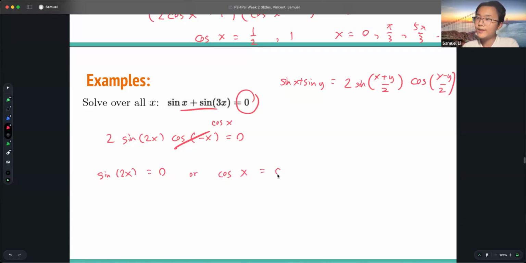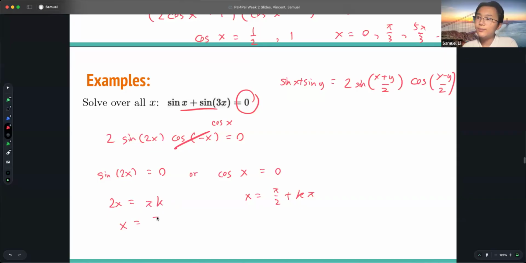I hope this step makes sense, because to get a product of two numbers equal to 0, one of the numbers must be 0, or else how can the product be 0? So yeah, now we just solve this traditionally. Cosine of x has solutions pi over 2 plus k pi for an integer k. And this right here has solutions 2x equals pi times k for an integer k.